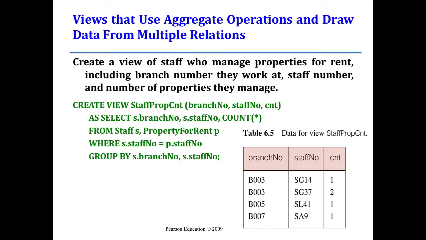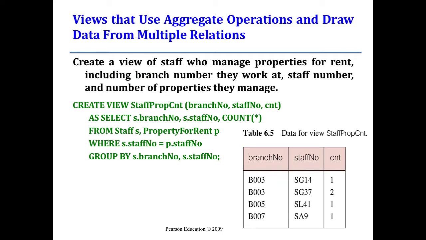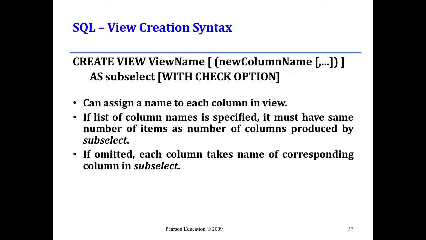So for example, coming back to this manager 3 staff view, if I tried to insert a tuple whose branch number is B006, that violates the defining query, right? B006 is not B003. So the with check option controls whether that insertion is legal.